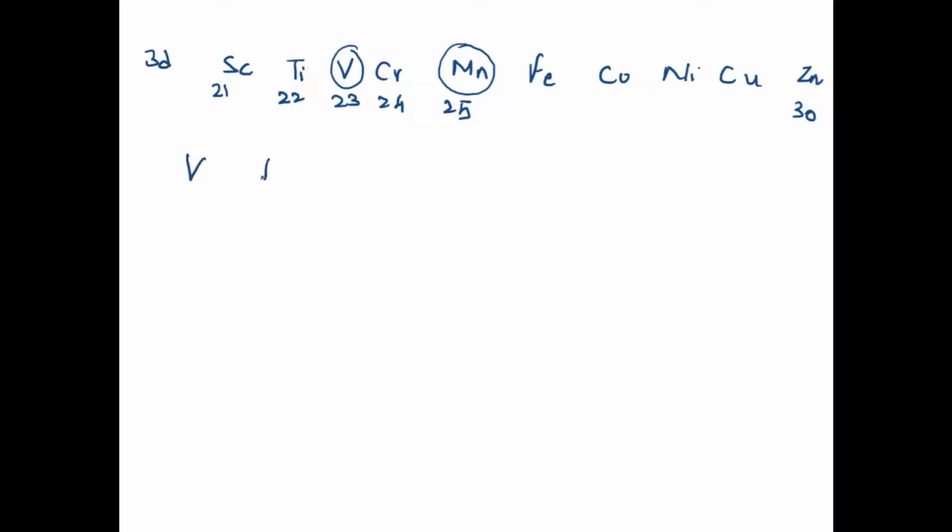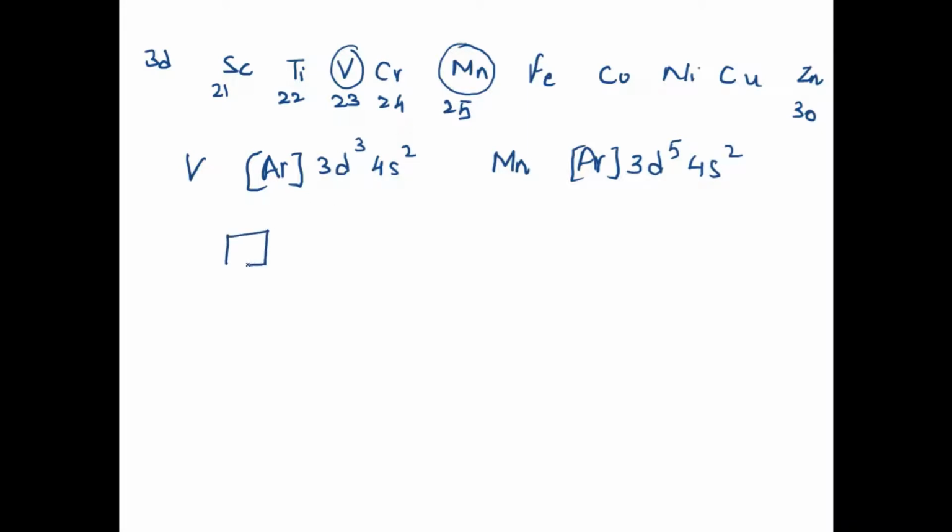Vanadium electronic configuration will be argon 3d3 4s2. And if I talk about manganese, the configuration will be argon 3d5 4s2. Now, if I draw, this is the 4s orbital and this is the 3d. In 4s, there are 2 electrons and in d, there are 3 electrons.